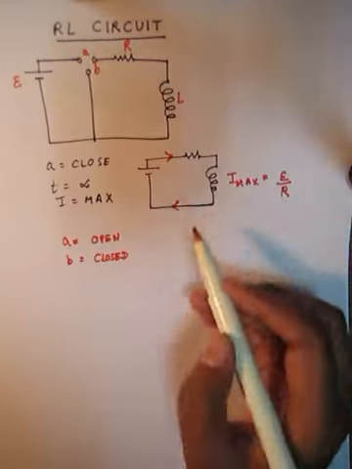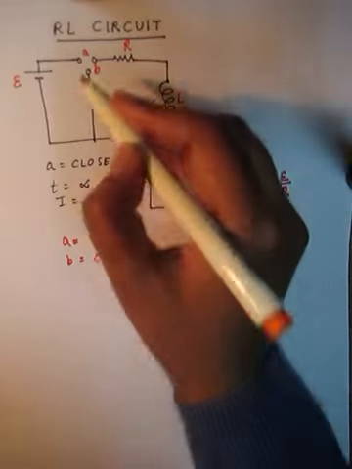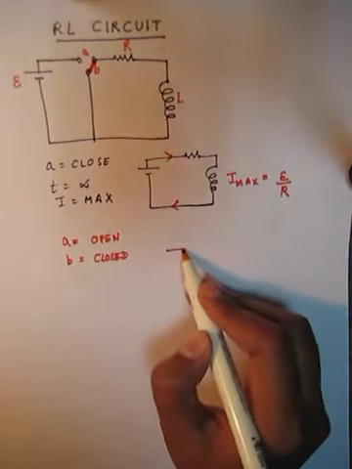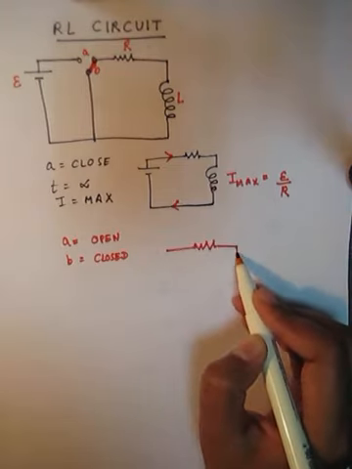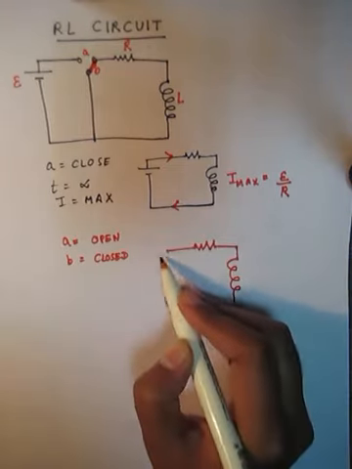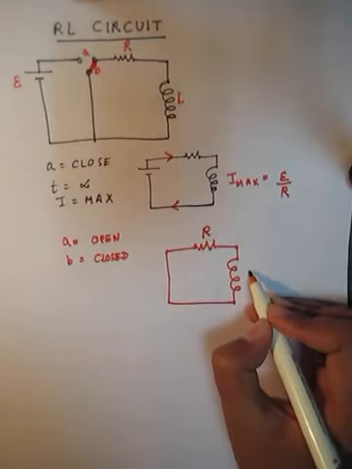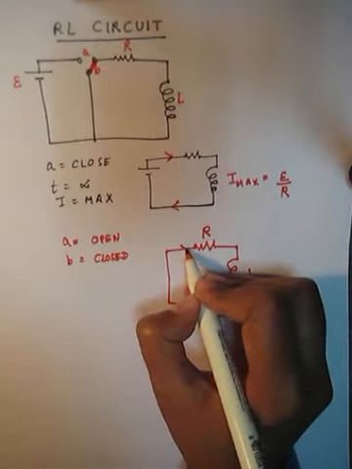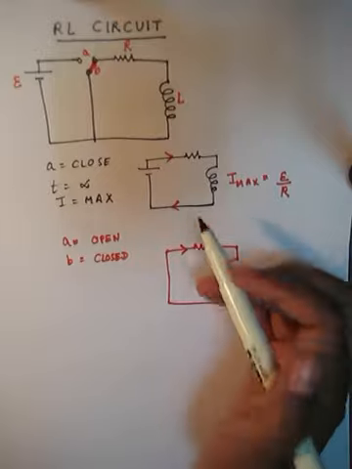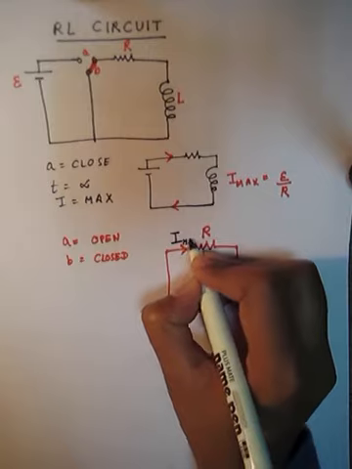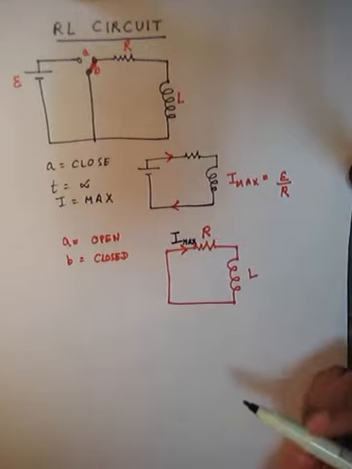Then there is no battery here, and we are now closing this switch. The current is flowing in this direction, which is the maximum current flowing through this inductor.